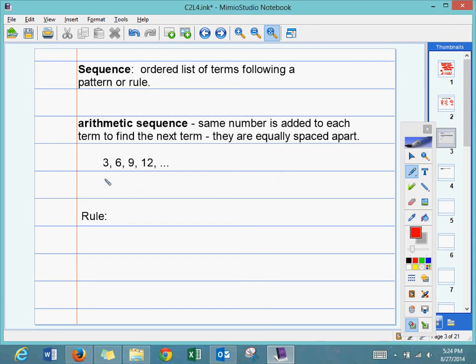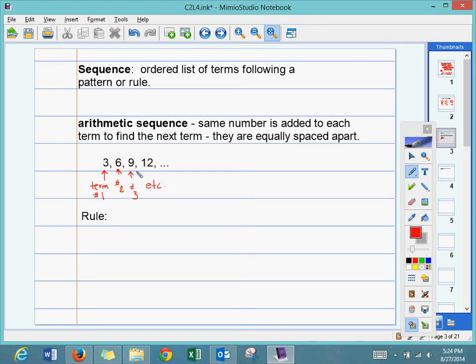What I want you to know is that this is term number 1. This would be term number 2. This would be term number 3. And it goes on and on and on.